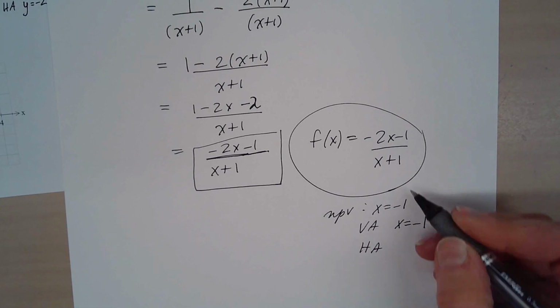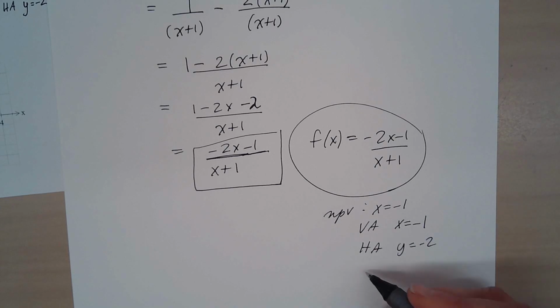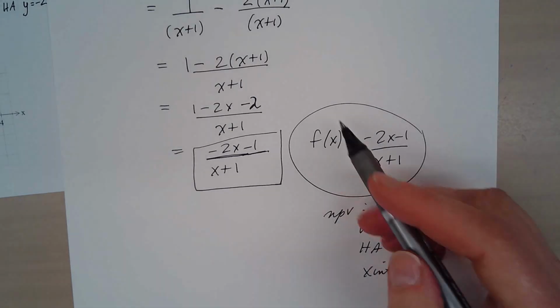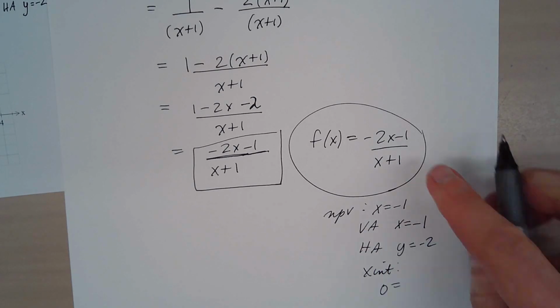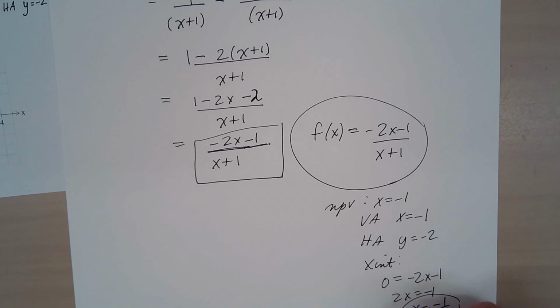Horizontal asymptote, y equals negative 2. X-intercept, let's see. Put a 0 in for y. 0 equals, the bottom just disappears, minus 2x minus 1. 2x is negative 1. X is negative 1/2, right? Okay, so that's my x-intercept.